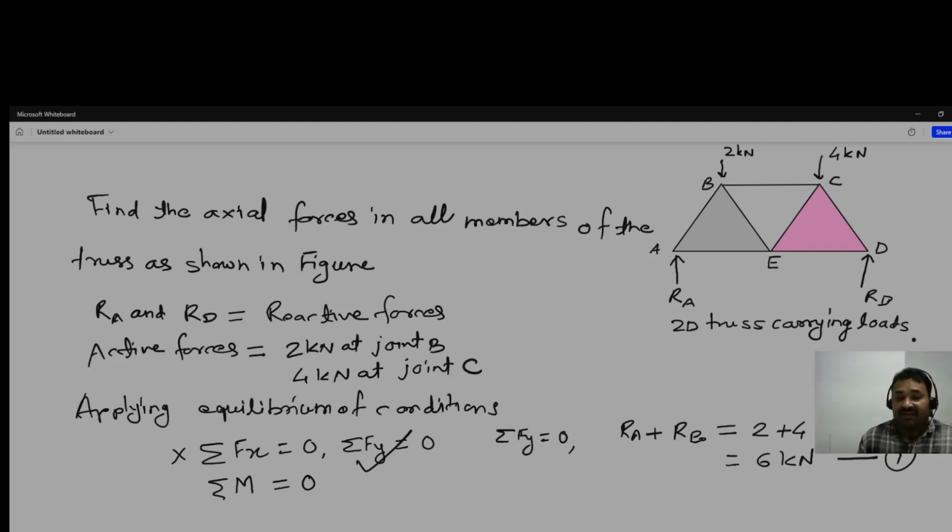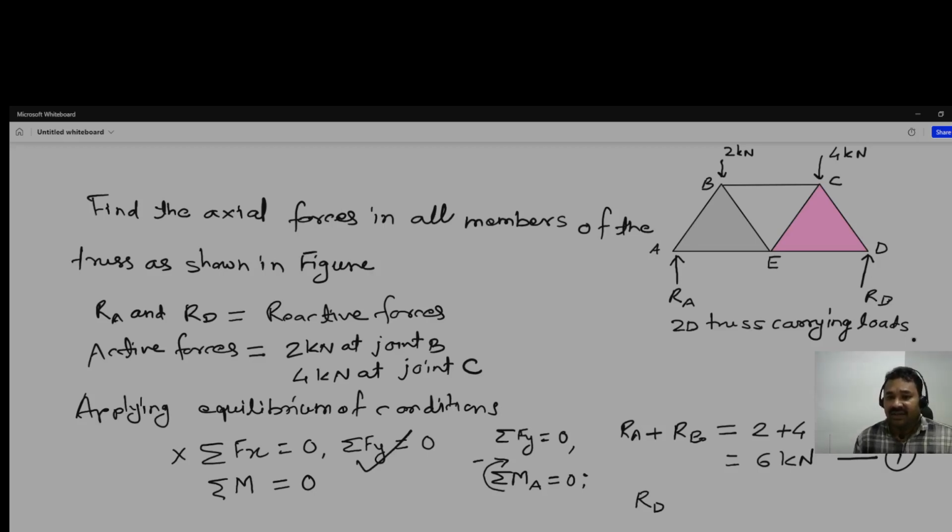The second one, we can apply the moment equation, either moment about, suppose A is equal to 0. So moment about A is equal to 0 means the moment about A we are taking here. So RD multiplied, and the direction here we are taking negative, the clockwise negative.